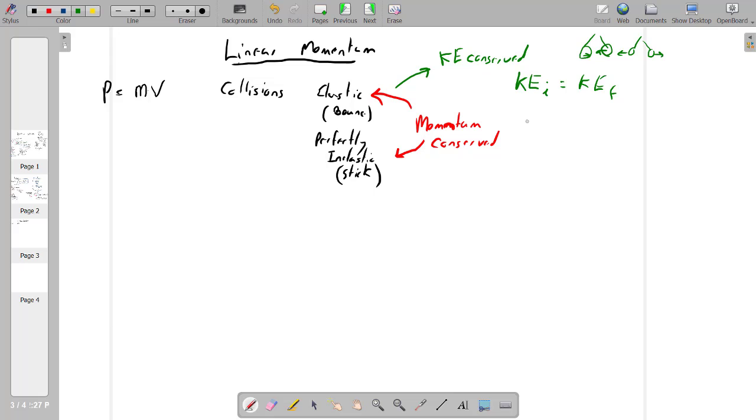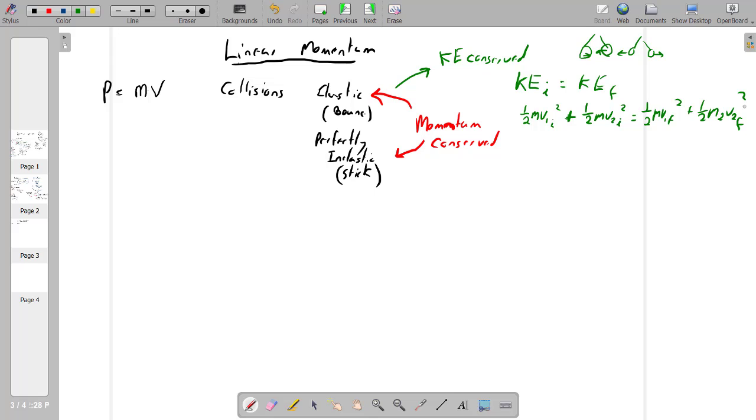I could expand this out and say 1/2 m1 v1 initial squared plus 1/2 m2 v2 initial squared is equal to 1/2 m1 v1 final squared plus 1/2 m2 v2 final squared.